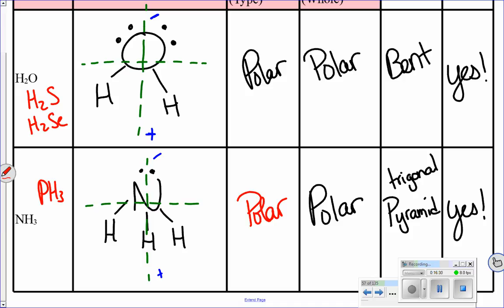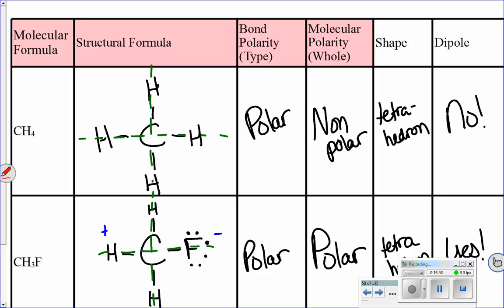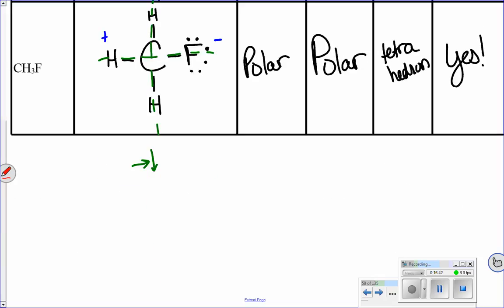PH3 is one that I've seen for ammonia. CH4 and CH3F kind of combine into some different possibilities. You could be expected to draw, for example, instead of CH4 or CH3F, CF4.